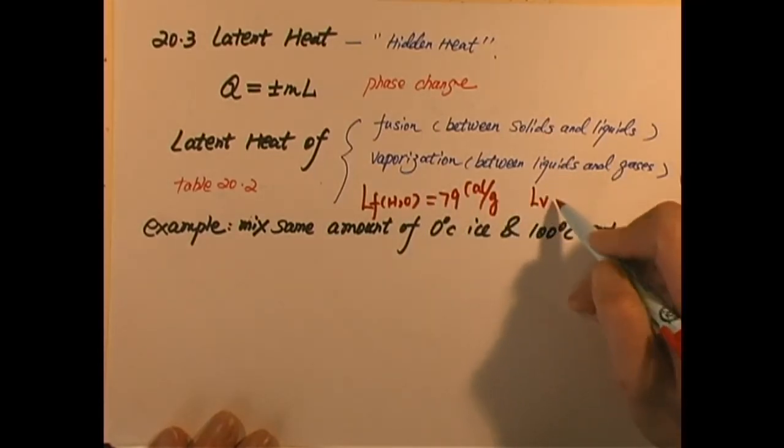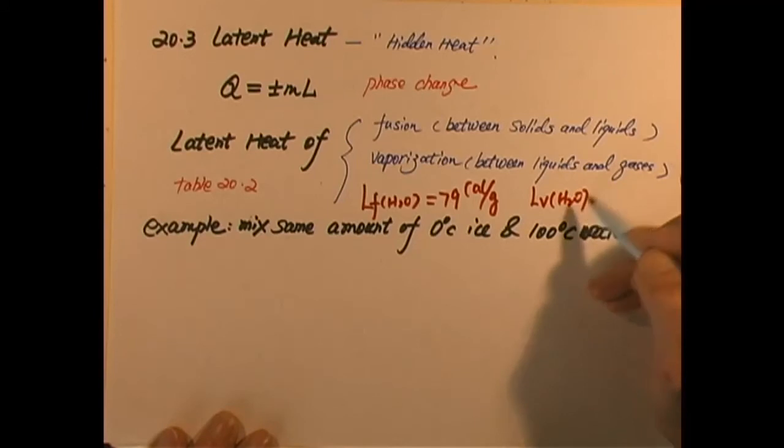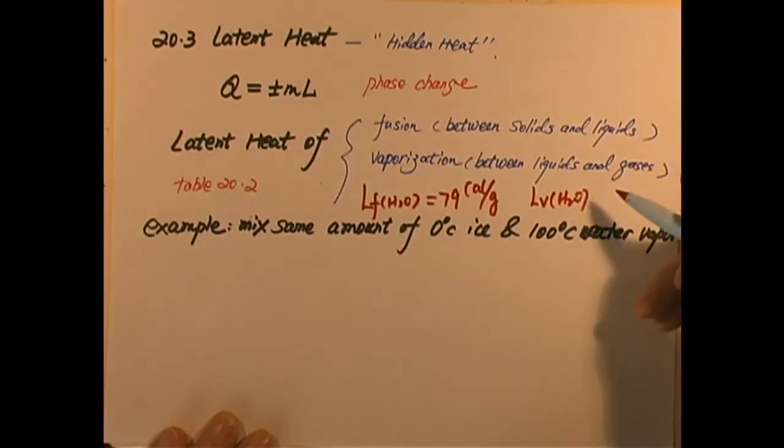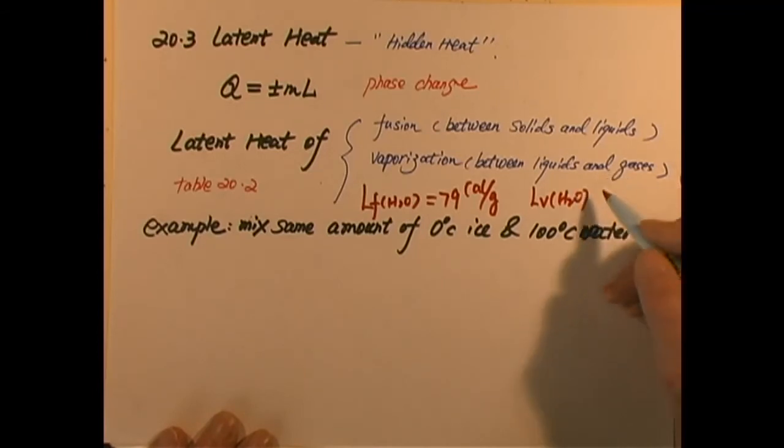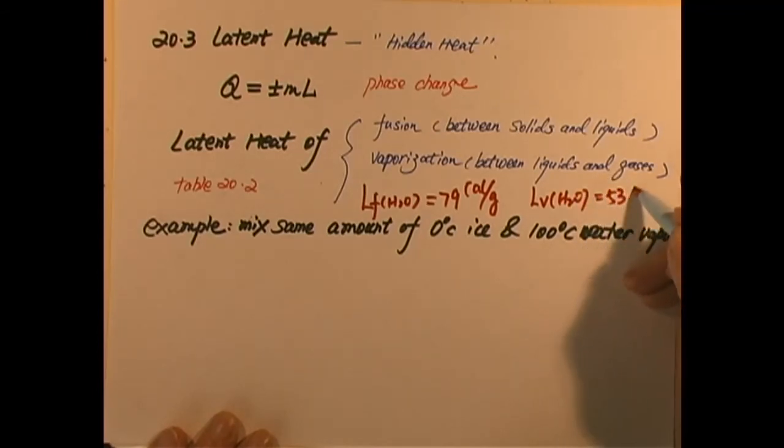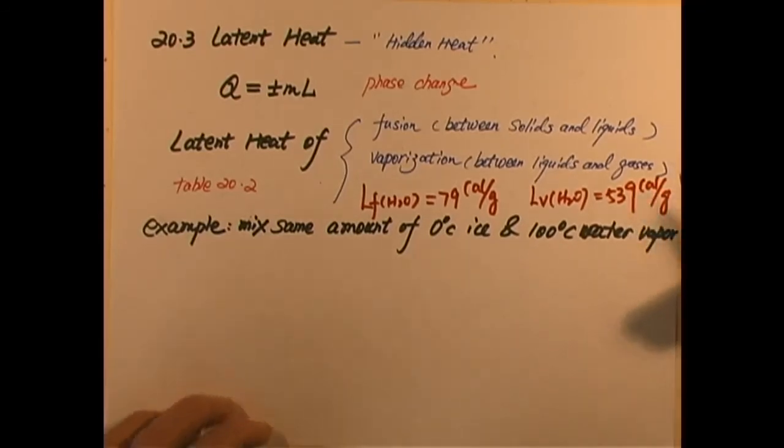Latent heat of vaporization for H2O, again under normal pressure, 1 atm: if we want to vaporize 1 gram of 100 degrees water, that's the boiling temperature, it needs 539 calories of heat. Every 1 gram of 100 degrees boiling water, if we want to vaporize it, needs 539.